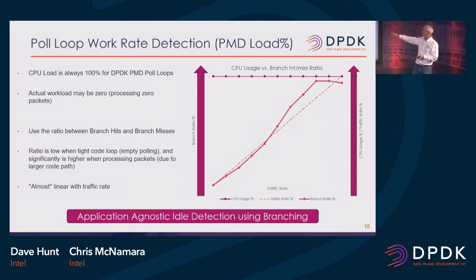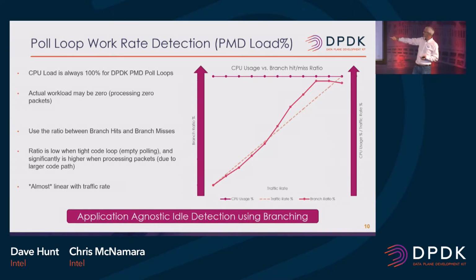So what we're looking at in the graph here is the ratio from 0% traffic rate up to 100% traffic rate, between hits and misses, and it looked like it's fairly linear. If we start off at 0%, when you're running that tight poll, the branch ratio is 0.01%. And when we look at 100% traffic, it shoots up to 4 or 5%.